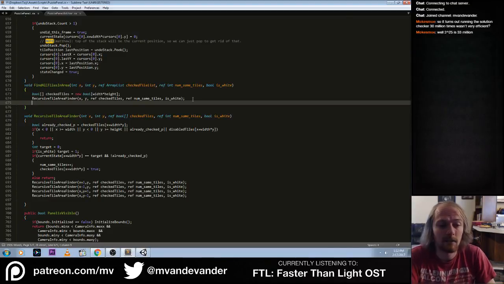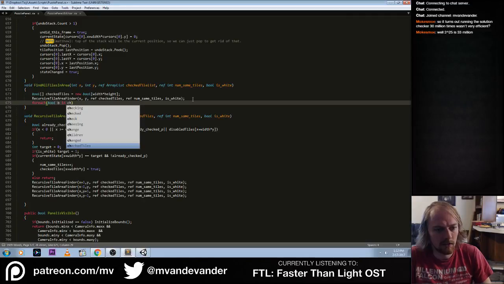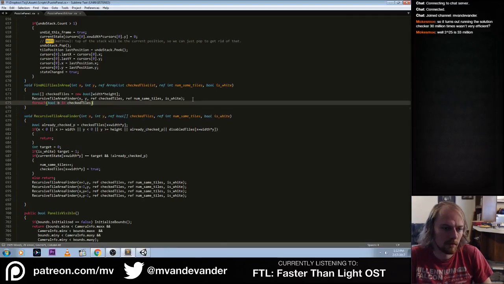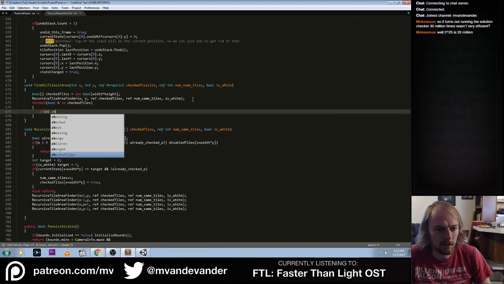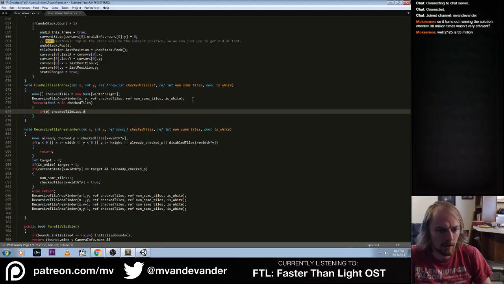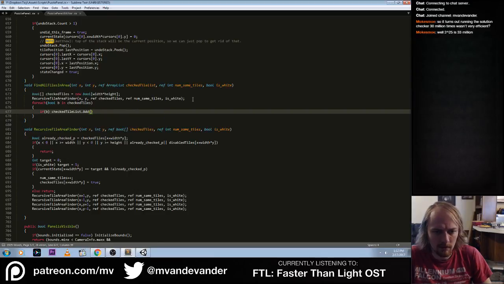So how does that go? That would just basically be for each bool b in check tiles, if b, check tile list dot add, what do I call it?